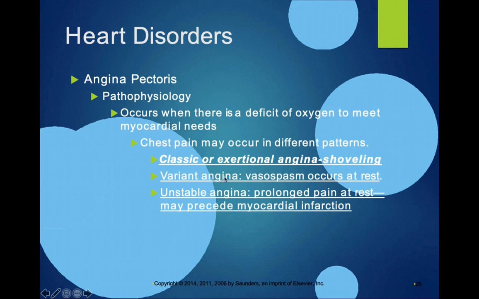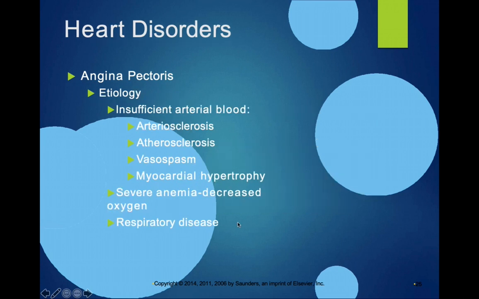Now there's variant angina, which happens from a blood vessel spasm, and that can occur at rest. The ones that are very unpredictable are these unstable anginas. This is prolonged pain at rest. Okay, imagine not doing anything, and that's when this comes on. Happening during exertion, that's predictable, but when you're not doing that, that's really unstable. And this may precede the heart attack, the myocardial infarction.